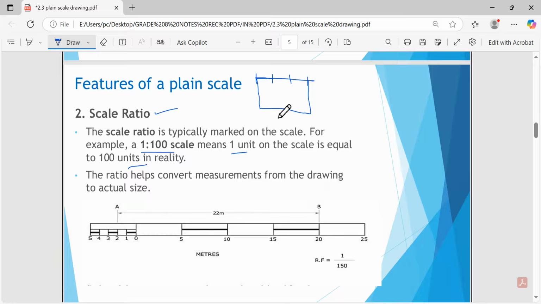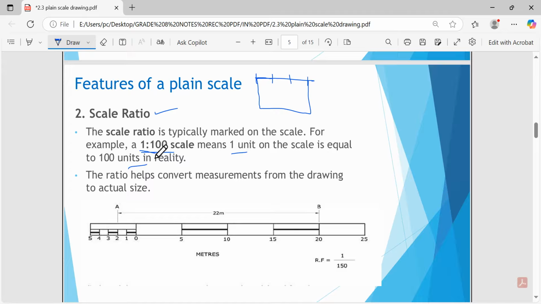For example, this is a piece of land, and someone asks you, what are the dimensions of your piece of land? And you tell them, the dimensions of my piece of land are around 10,000 by 10,000 centimeters. Now they tell you, draw this for me. You need a scale to draw that, because if you draw 100 centimeters, it cannot fit on a piece of paper. You need a scale.